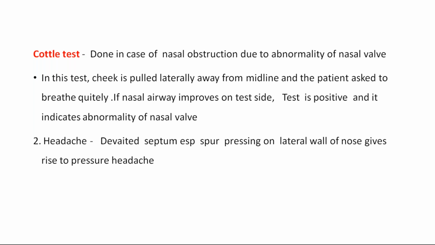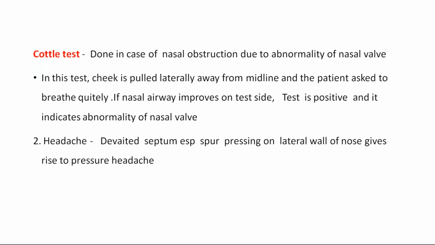If you compare the nose, it varies from person to person and even varies with the race. If you see a Western Caucasian person, they have a very long and thin nose, whereas if you see a Negro person, they have platyrrhinia, that is a flat nose.